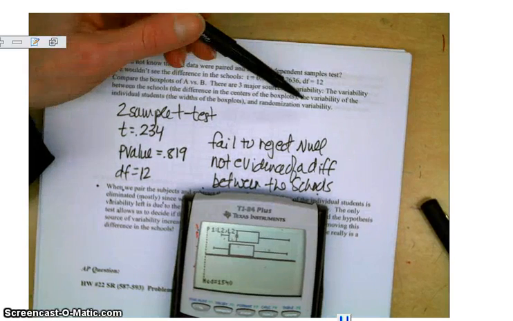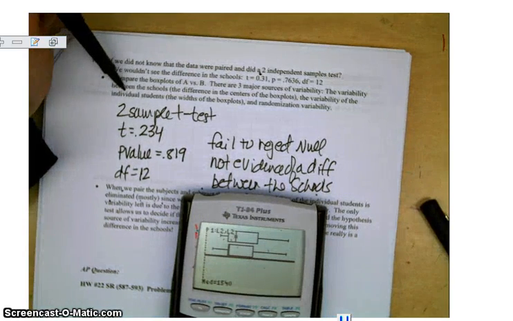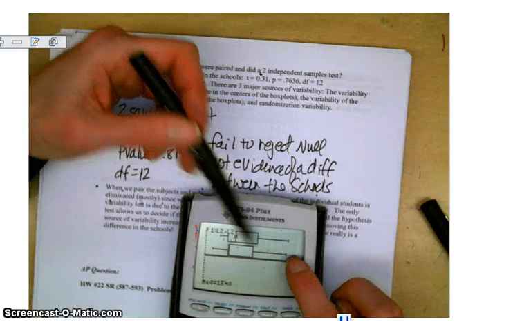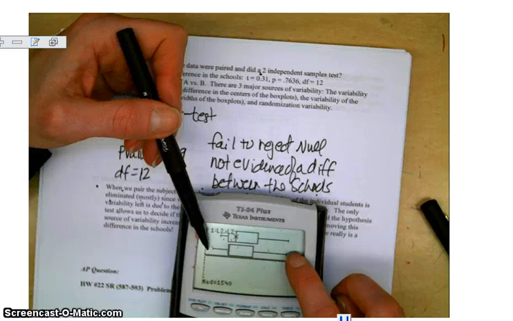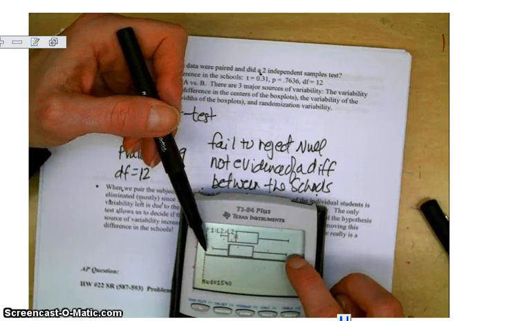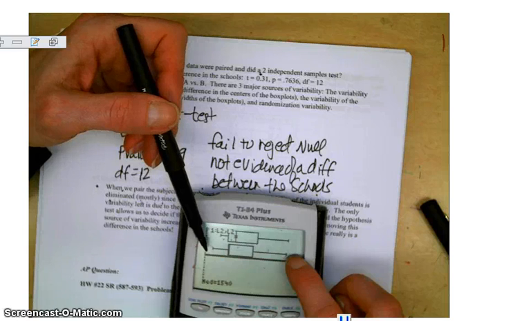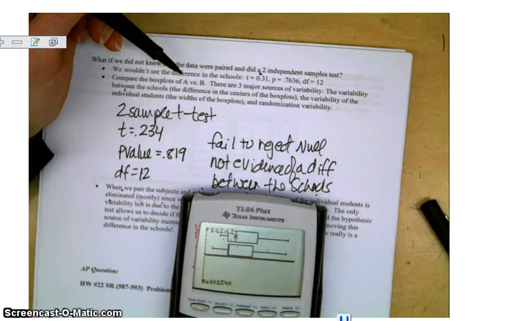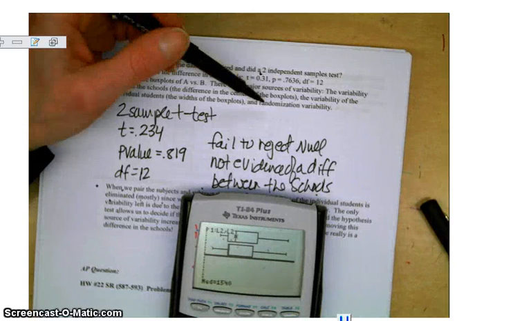The variability in the individual students, that is the entire spread. You'll notice school B has a longer box plot. There is more variability in the scores of students from school B. And the randomization variability.